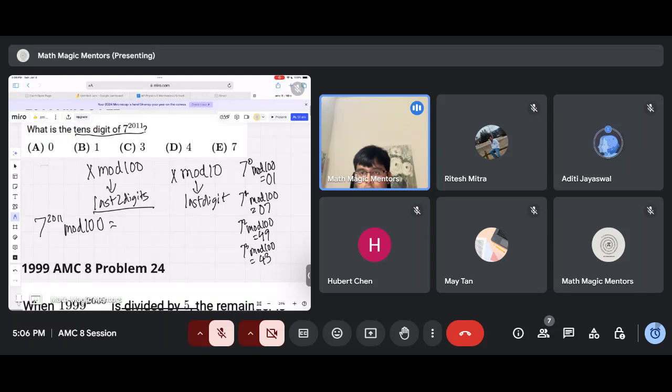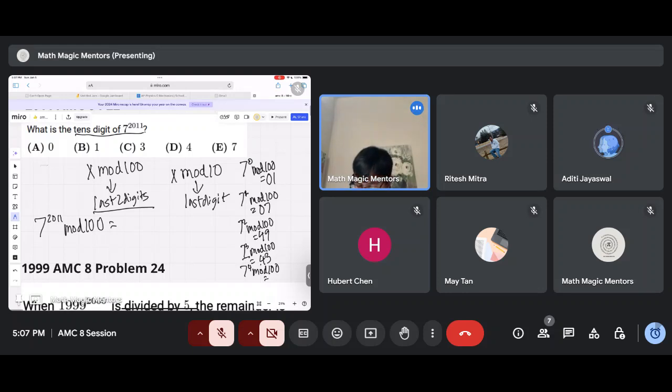Now that we've established this pattern, 7 to the 4 mod 100 will give us 43 times 7. Something else we should learn is that you don't have to multiply 7 cubed, which is 343, by 7, since that's a lot more work.